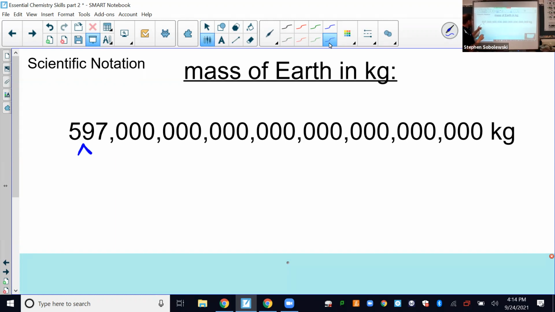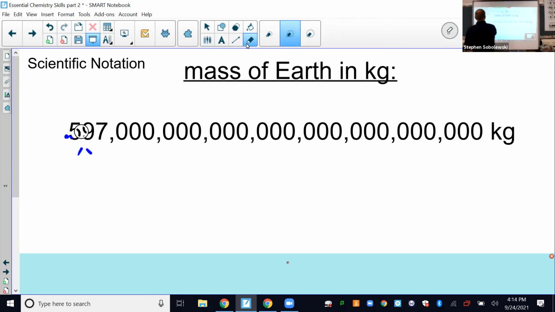Because if I end it too soon, it's going to be 59.7 times 10 to the something. If I go too far, it's going to be 0.597 times 10 to the something. Proper scientific notation has the front number between 1 and 9.99. So I'm going to stop it between the 5 and the 9.